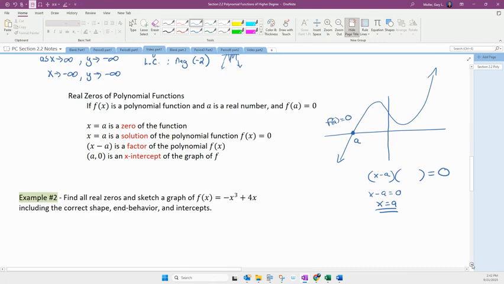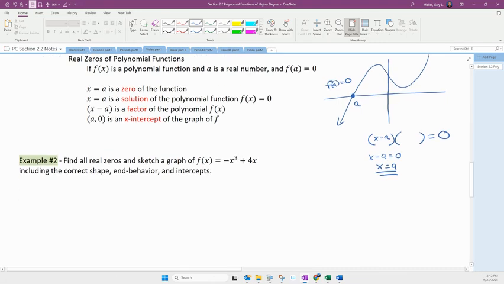All right, the first thing I want to do is find all the zeros. Well, to find a 0, we set the function equal to 0. So I need to know when f of x is equal to 0. I'm going to say 0 equals negative x cubed plus 4x.